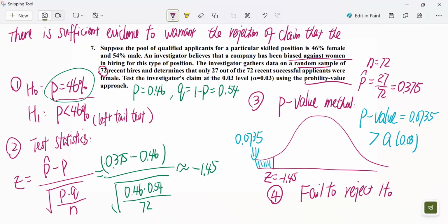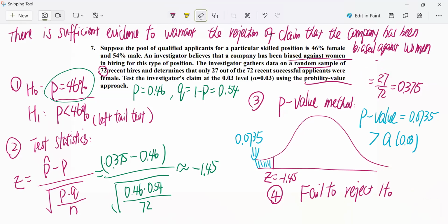The company biased against the women in the hiring process at a significance level of 0.03.